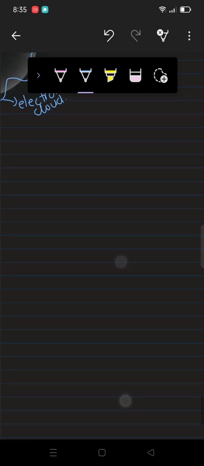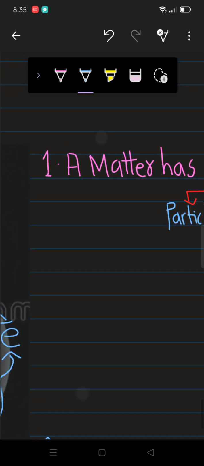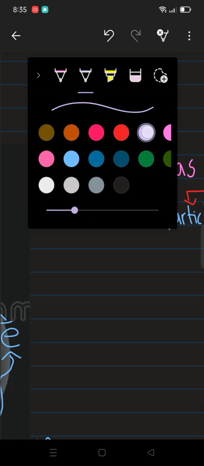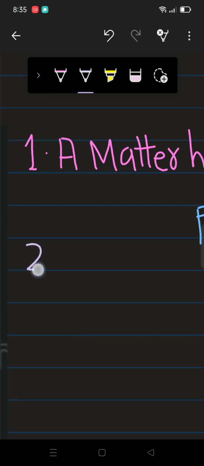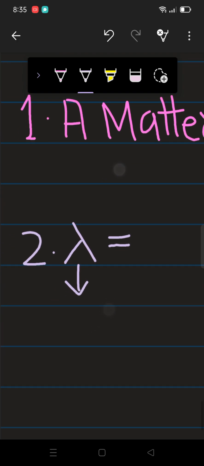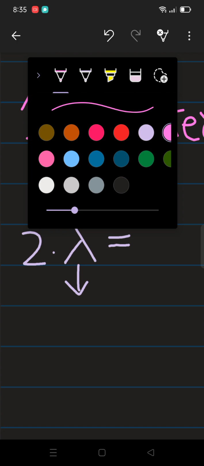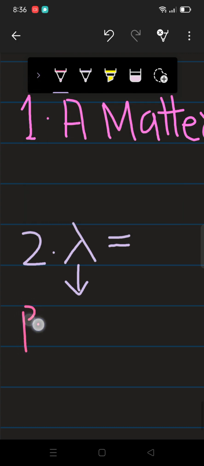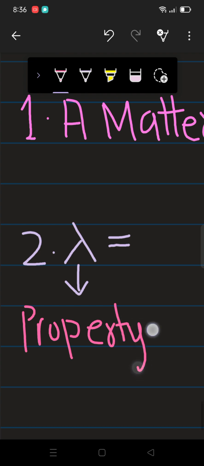In his second point, he said that wavelength is equal to, we know that wavelength is a property of a wave.